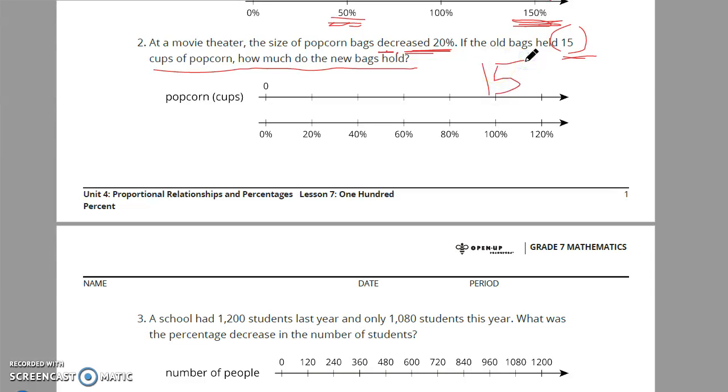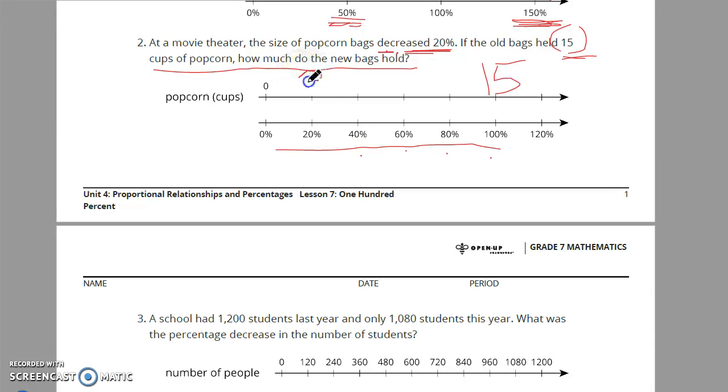All right, so now we look at how we break 15 up. It's saying by 20s. So if we count, we have 1, 2, 3, 4, 5. 15 is being divided by 5, or 100% is being divided into fifths. So what is 15 divided by 5?